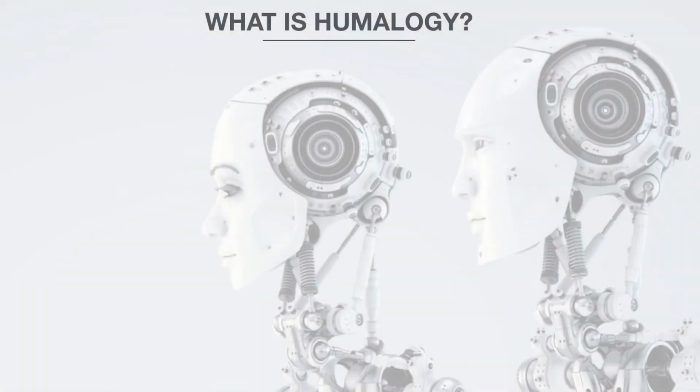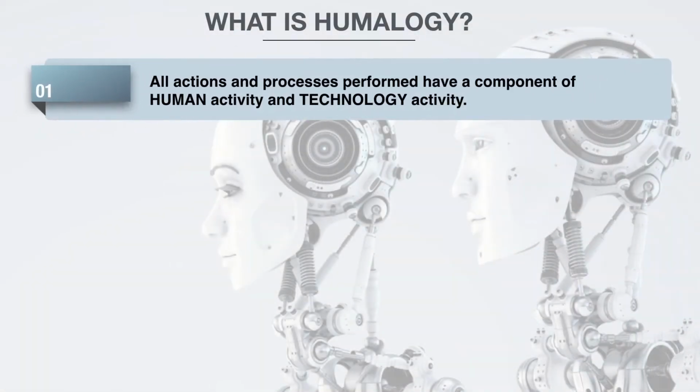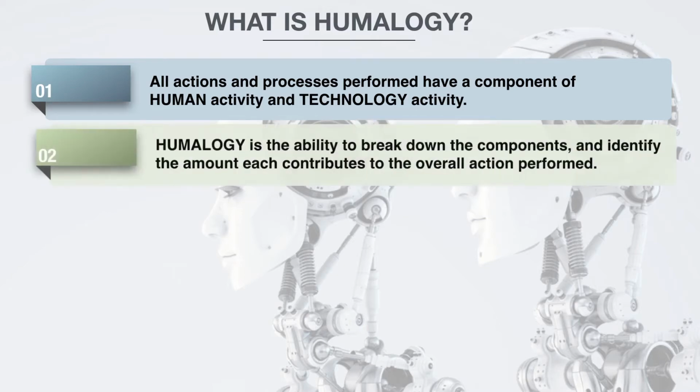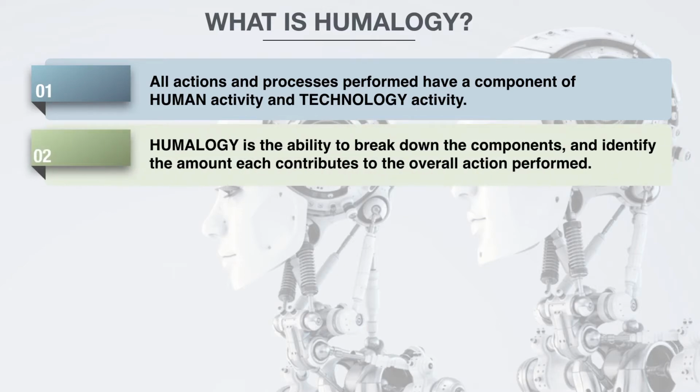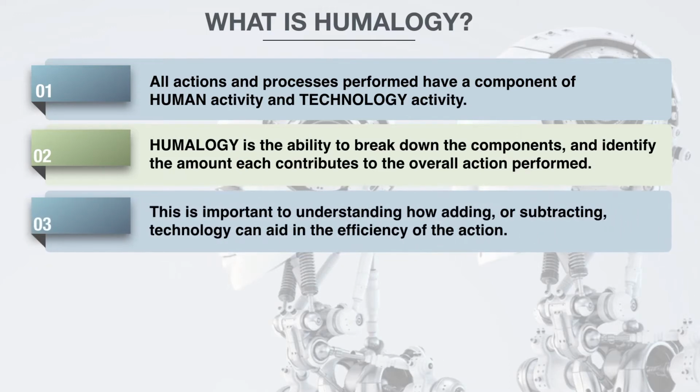So what is this humology? As I mentioned before, all actions in today's modern world have two components, a human component and a technology component. Humology is the ability to break down these components and identify how much is involved in a particular action. This is important to understanding because in order to make the action the most efficient, we need to identify how much of each one of these is involved.